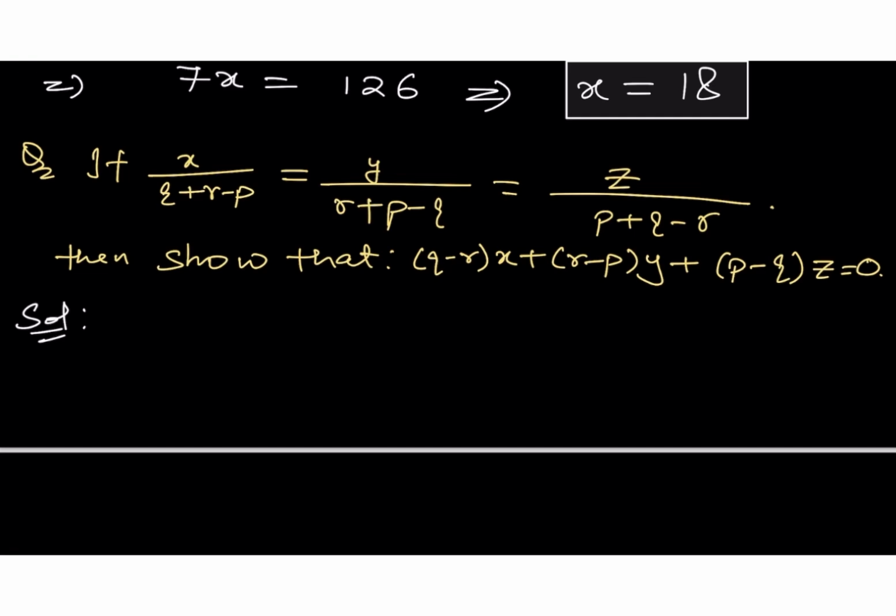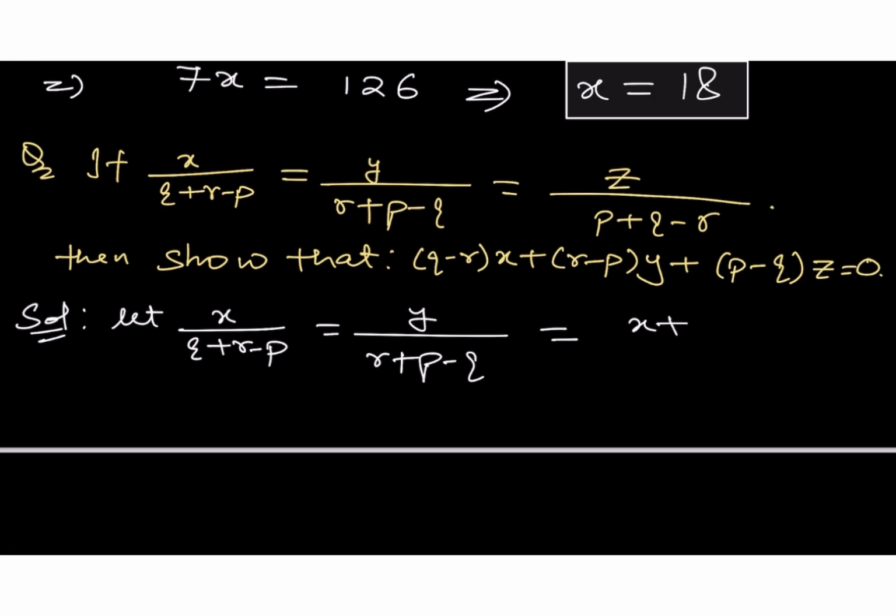So now if we are taking two at a time, so let x upon q plus r minus p is equal to y upon r plus p minus q. So it will be also equal to x plus y upon 2r, right?